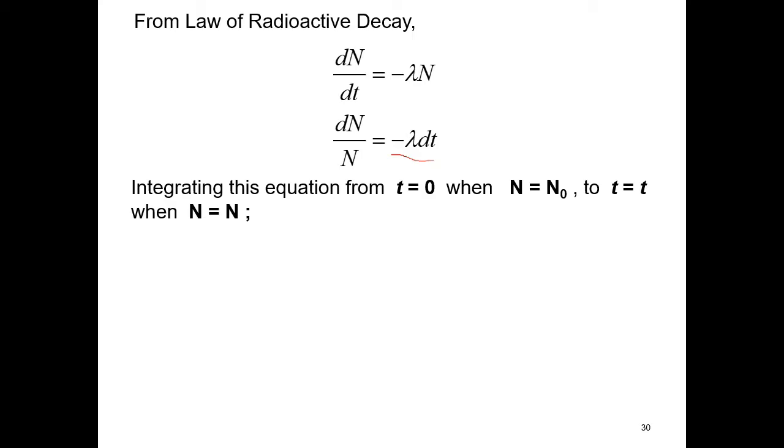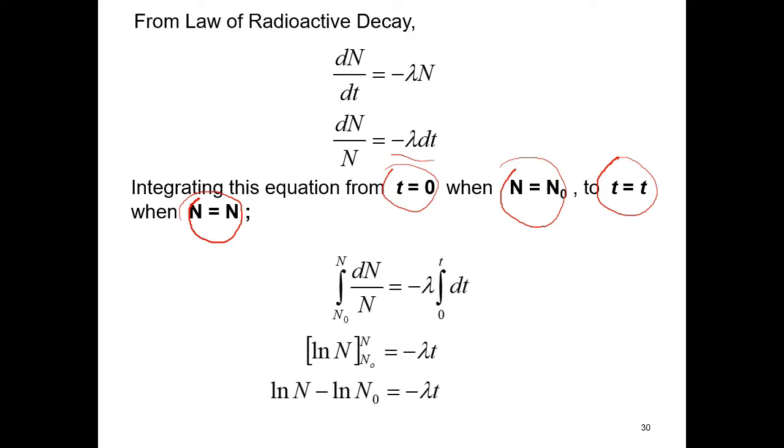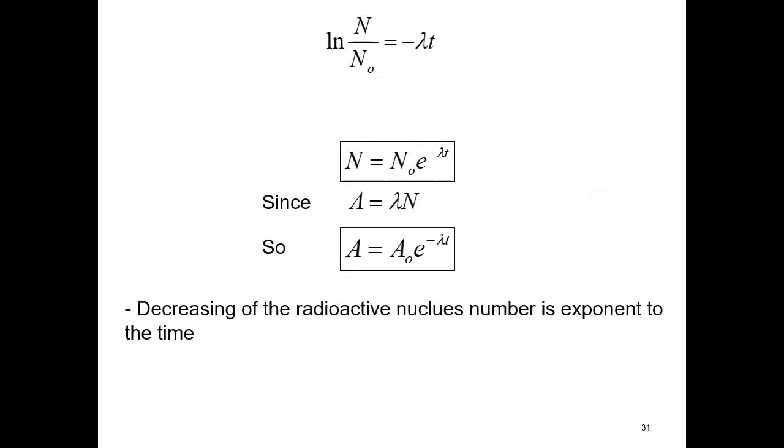So, let us integrate this equation from t equal to 0 when N equals N naught, to t equal to t when N equals N. So we can say ln N minus ln N naught is equal to negative lambda t. ln N over N naught is equal to negative lambda t, and N over N naught, you can put the exponential to your right side, which is e to the negative lambda t.